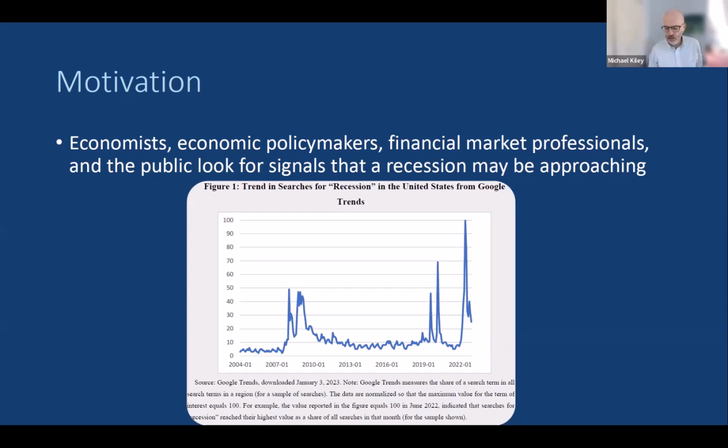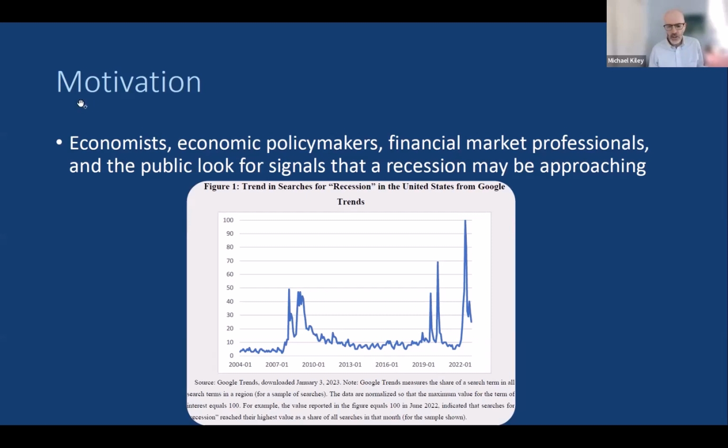Now, obviously, there may be underlying trends, but I think it's clear from this graph that in general, people become interested in recessions when there are fears that the economy is weakening or may weaken. And those were appreciable around the global financial crisis, around 2019, actually in advance of COVID, certainly during COVID, and then very much so in 2022.